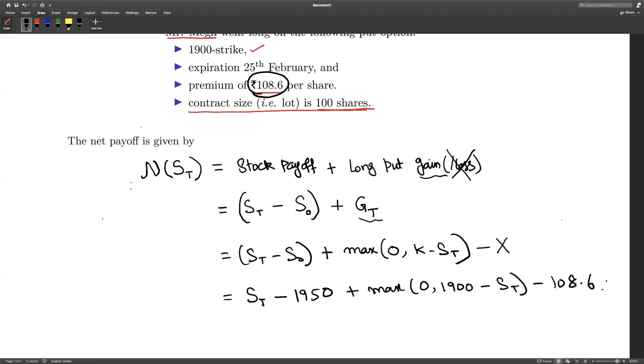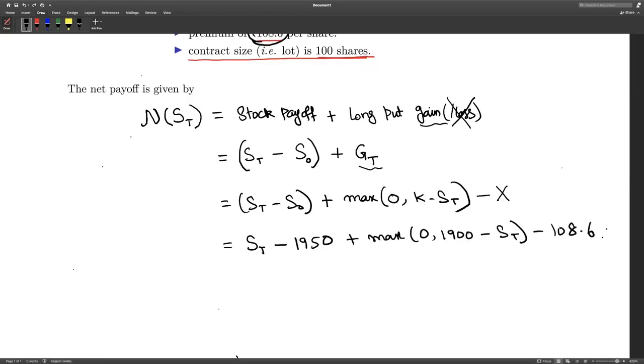So this is the net payoff from the trade. That is, this is the net payoff from this strategy, that is the entire portfolio. So the net payoff of the portfolio is the sum of the spot market trade plus the derivative market trade.